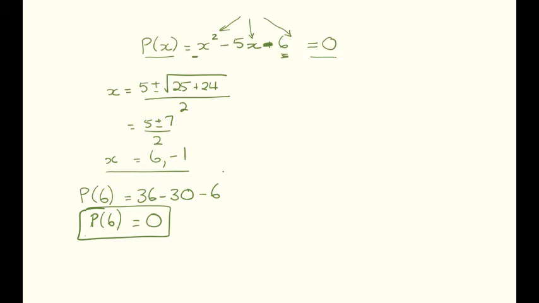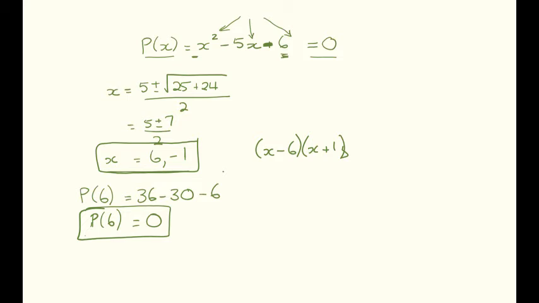So let's look at p of 2. Now actually let's go in another direction. Let's recall the link between roots or zeros and factors. So if these are the zeros, then our factors are x minus a root, x minus the other root.